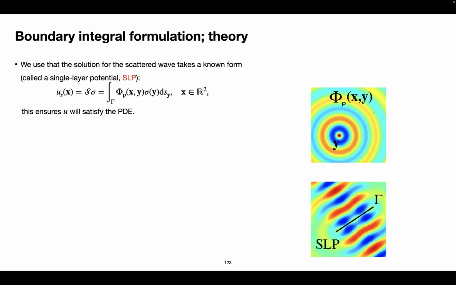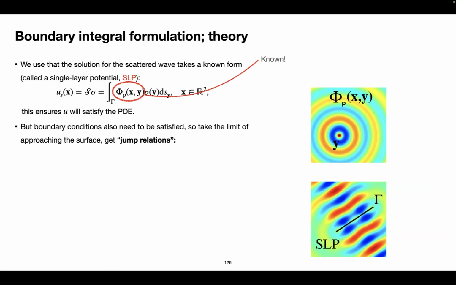So the solution for the scattered wave takes the form of this ugly thing here. It's an integral, where that thing that I'm pointing to is a known function, and the unknown is this sigma of y. Okay. So basically writing the solution in this form will mean that it automatically satisfies the PDE. However, the boundary conditions aren't satisfied necessarily.